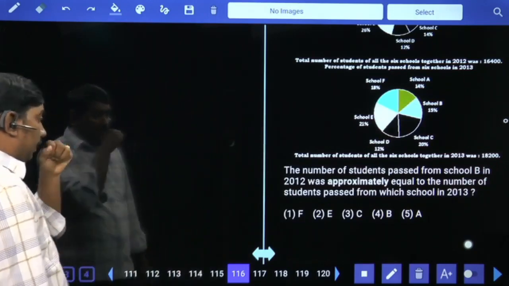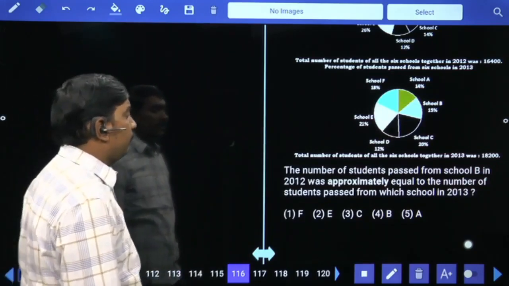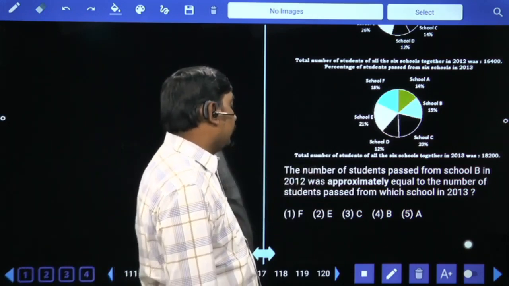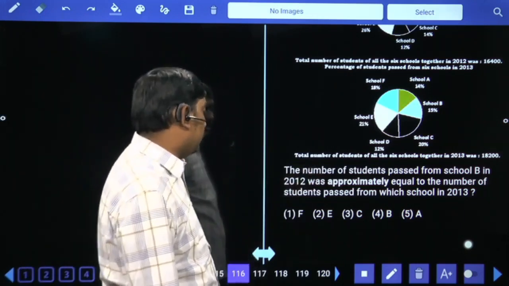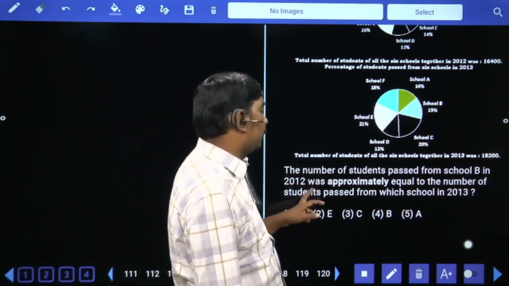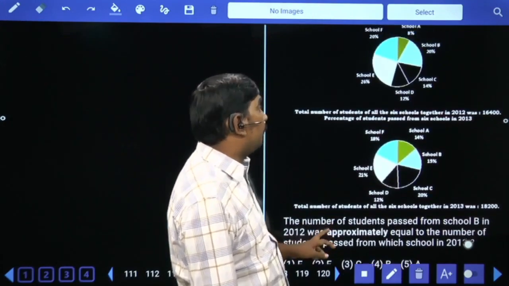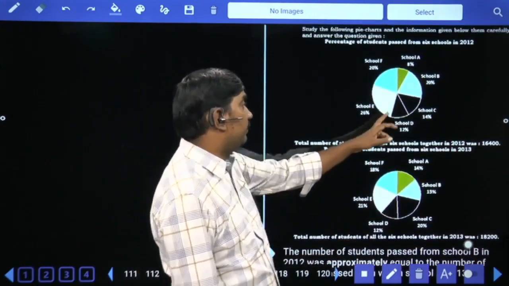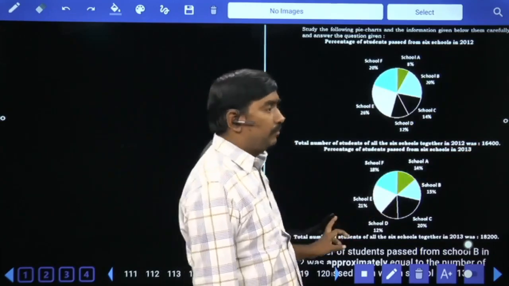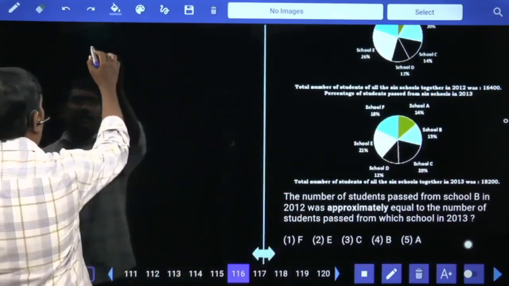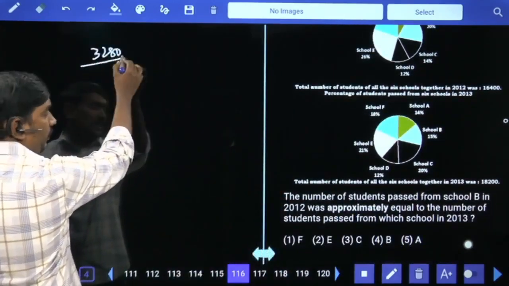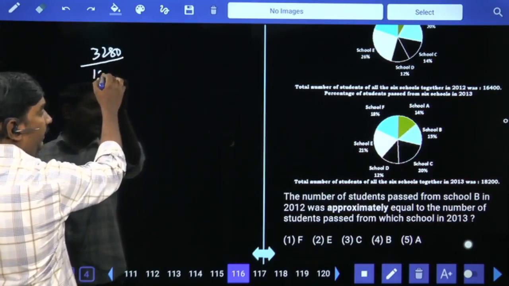The number of students passed from school B in 2012 was approximately equal to the number of students passed from which school in 2013? School B in 2012 is 20%, which means 3,280. First of all, 3,280 is what percent of the 2013 total, 18,200?